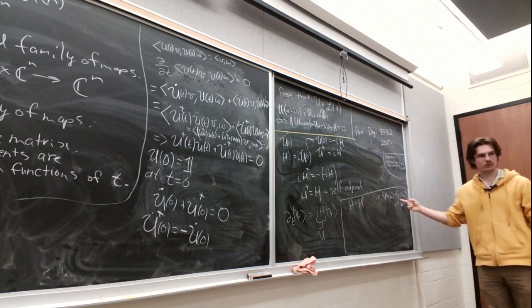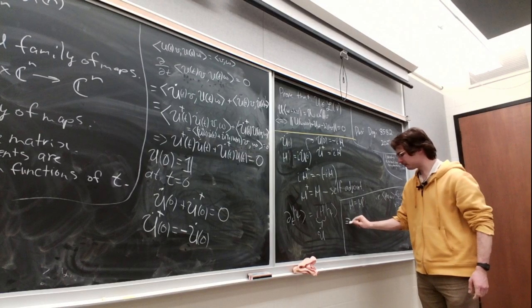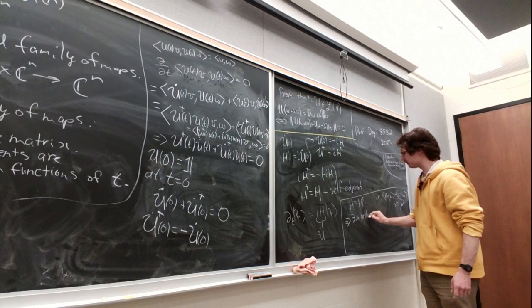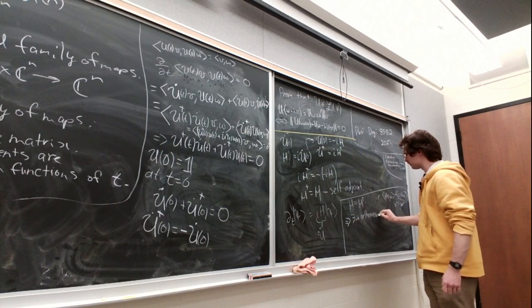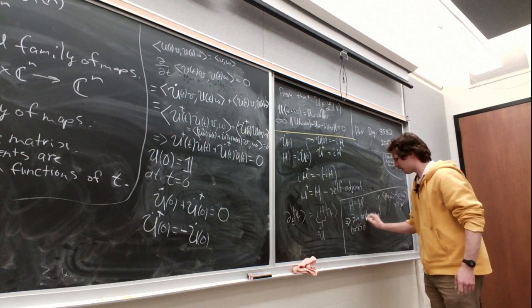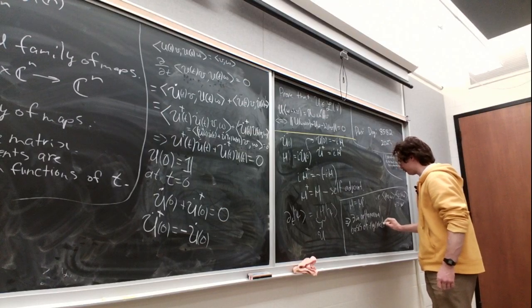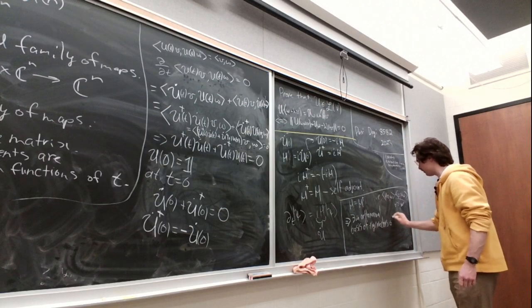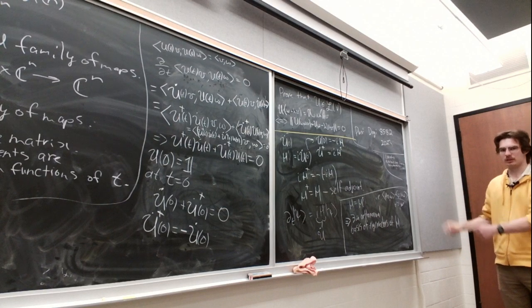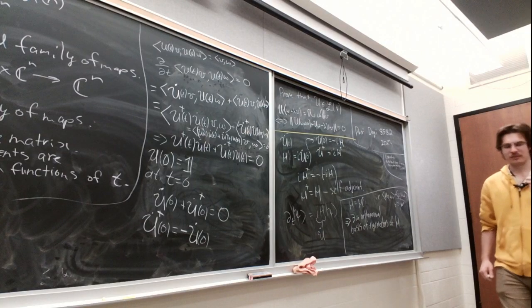So if this is true, then there exists an orthonormal basis of eigenvectors of H. Okay, you have to absolutely know this for everything we're going to talk about in the future.